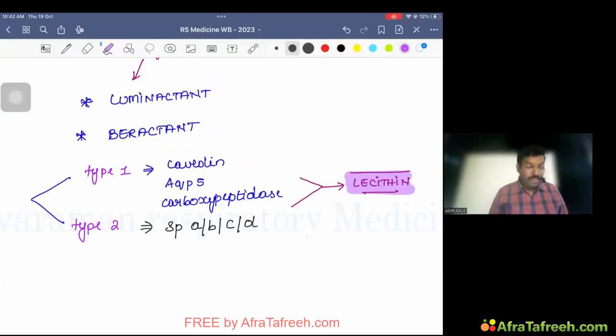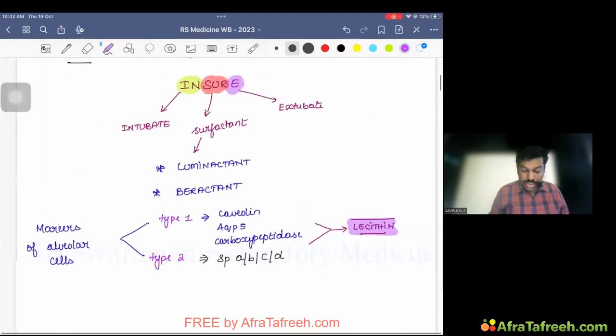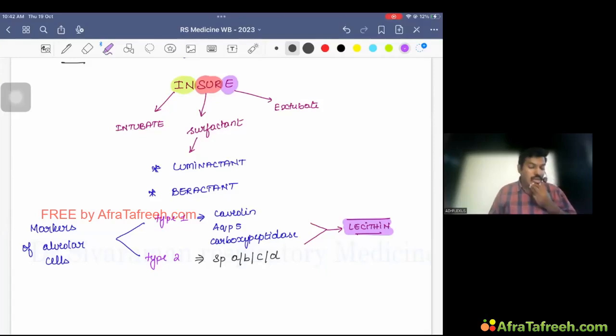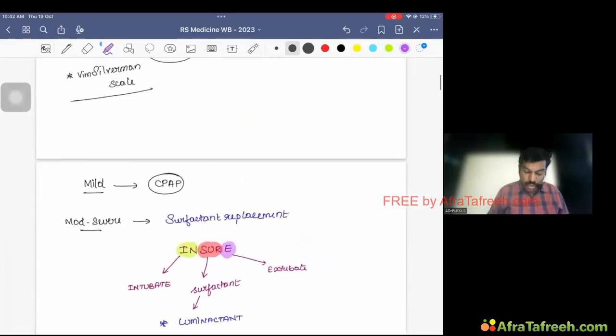Okay, so these are a few very important things about the anatomy part of your respiratory medicine. And the technique you are following is called the INSURE technique in patients with HMD, where you intubate, use surfactant and go for extubation. Okay, extubation.